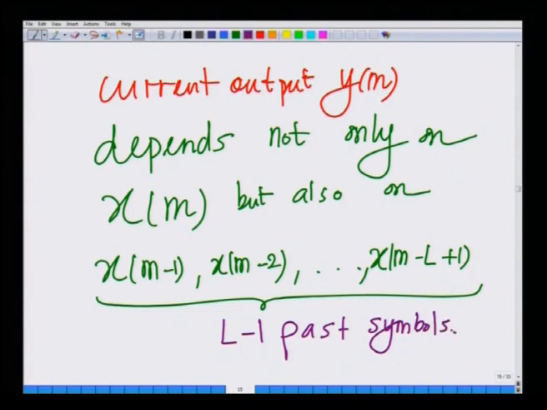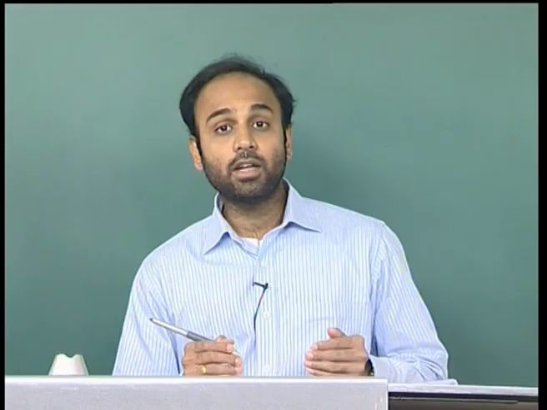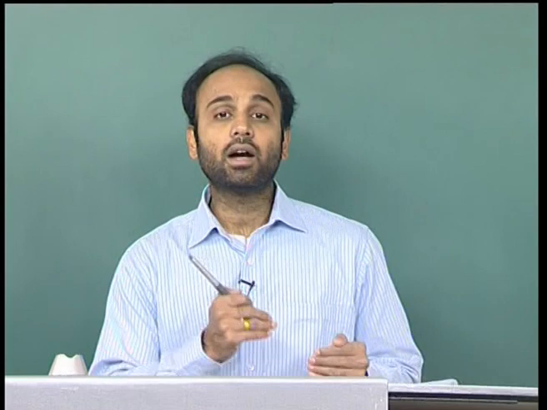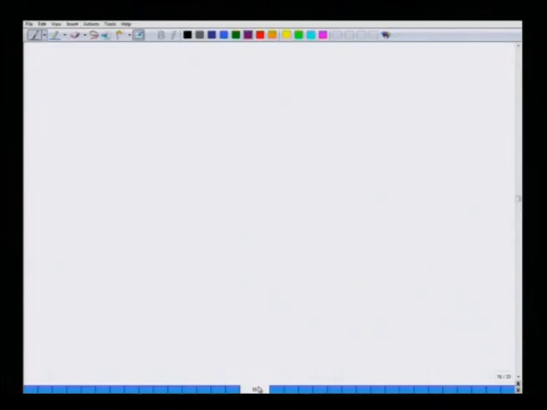So, the current output depends on the current symbol and L minus 1 past symbols. So, L minus 1 past symbols are interfering with my current symbol. This is known as inter-symbol interference. Remember, we talked about this.